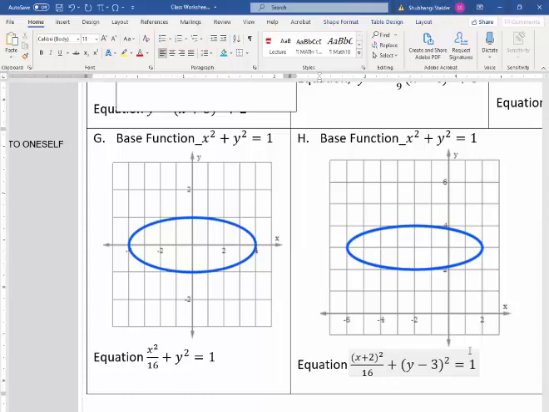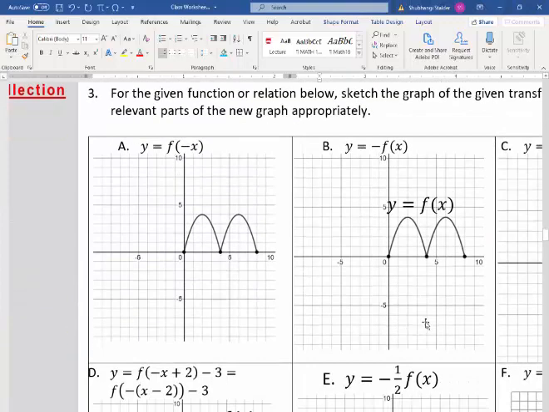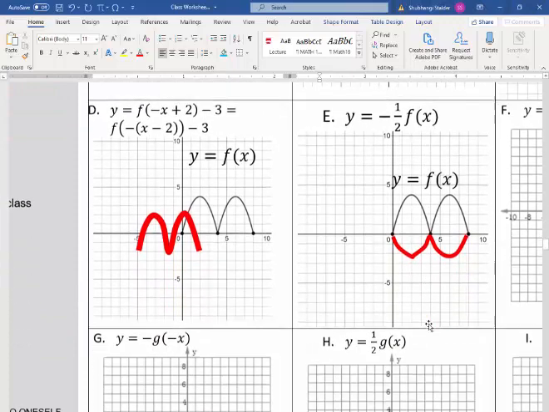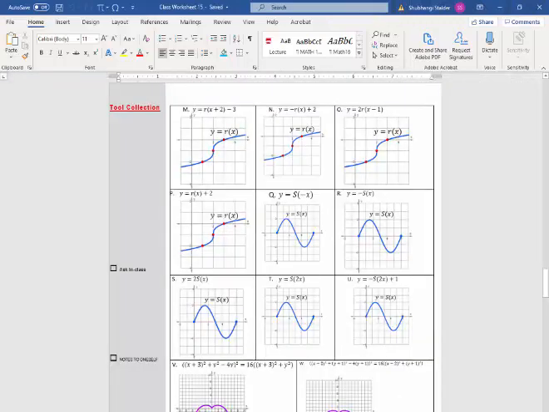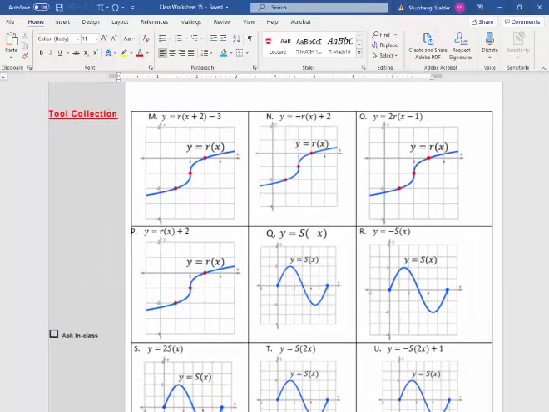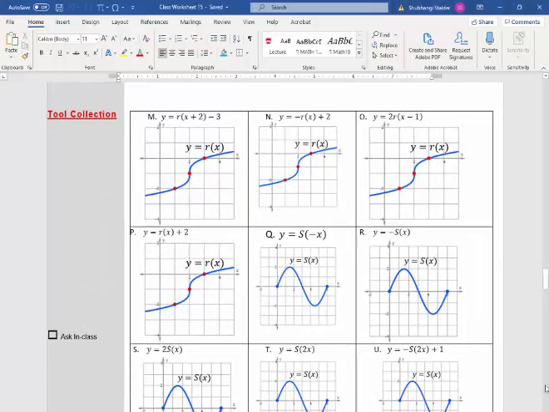Now, number 3, we didn't finish number 3M. What do you think we should do? It's the same thing though, right?